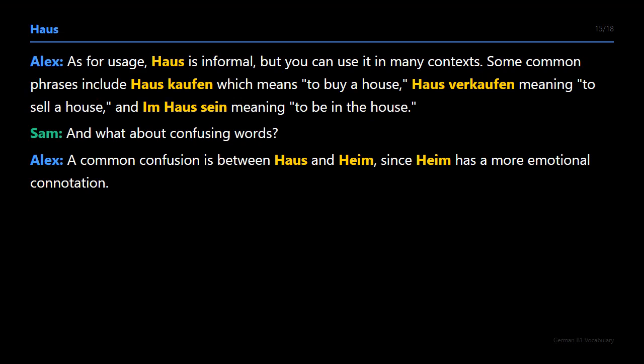And what about confusing words? A common confusion is between Haus and Heim, since Heim has a more emotional connotation.